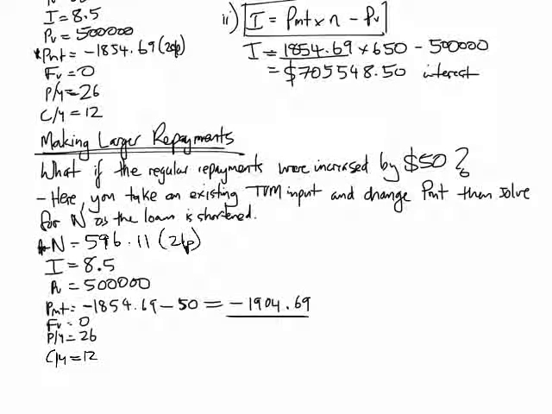So we have, based on the question, the regular payments are now $1,904.69 per fortnight. And now that new N that we found comes into it when we're trying to work out the interest.